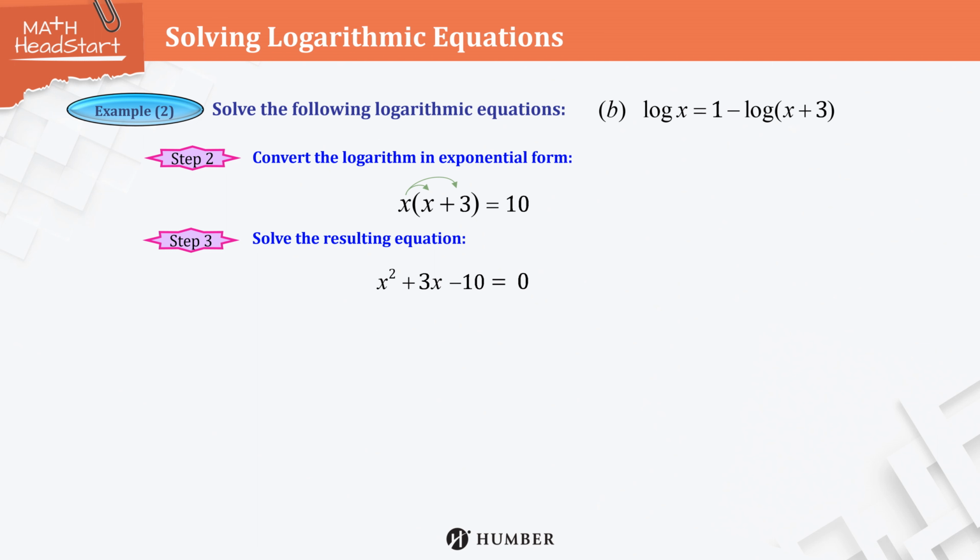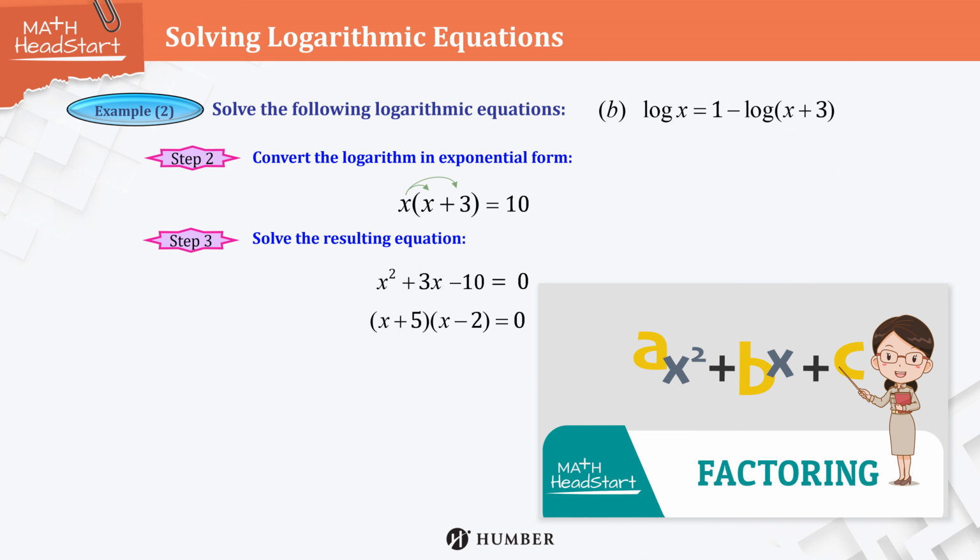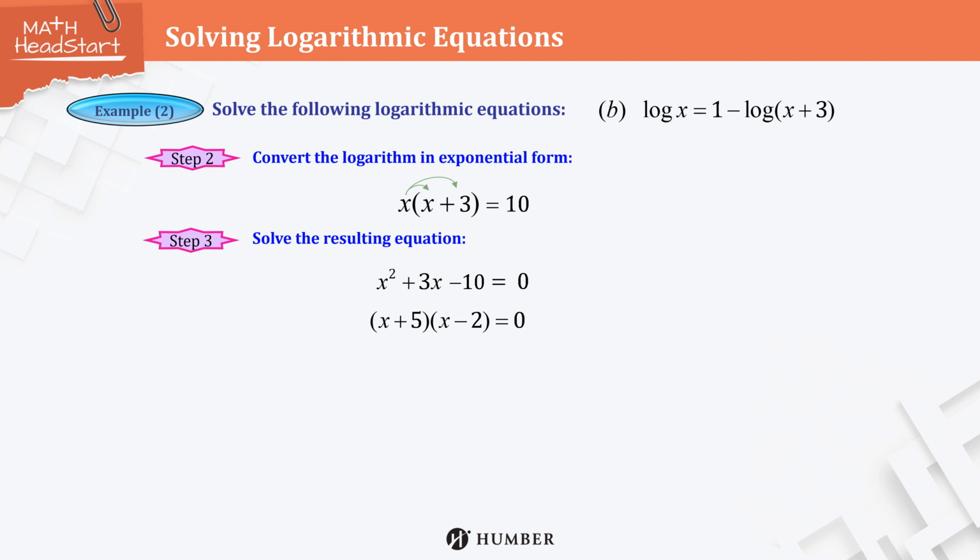Since we have a trinomial, let's factor it as bracket x plus 5 bracket x minus 2 equals 0. If you need more practice on factoring, please watch another video called Factoring, linked in the description below. Set each bracket equal to 0 to get the two roots as x equals -5 and 2.